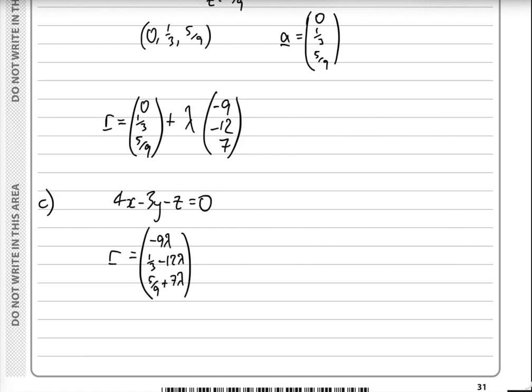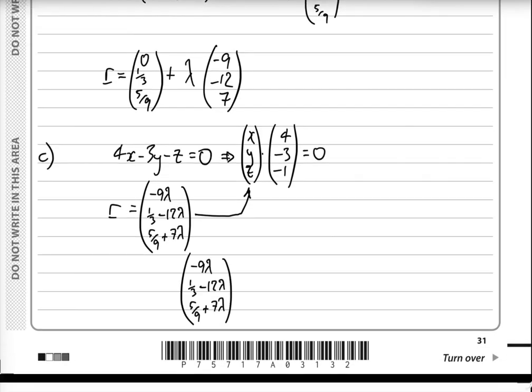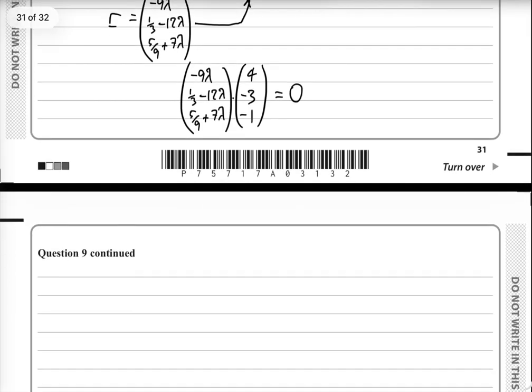And I'm going to put this into the plane equation: 4, minus 3, minus 1 dotted with x, y, z has to equal 0, changing into that format, putting this in here, doing the dot product, making it equal to 0, and calculating what is lambda. I've been a little bit lazy there and copied that. So this is the dot product that I'm doing.